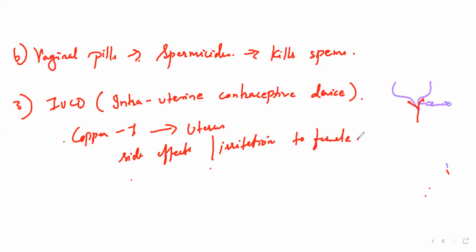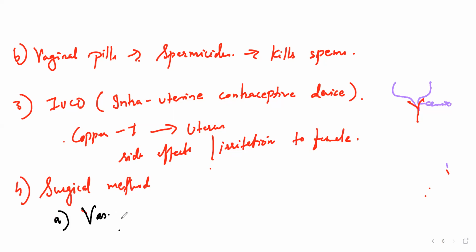Then the last type of birth control method is surgical. A surgical method is a permanent method. Once it is done, there will be no source of fertilization or pregnancy. There are two surgical methods. The first one is called vasectomy. This surgery is done in males.